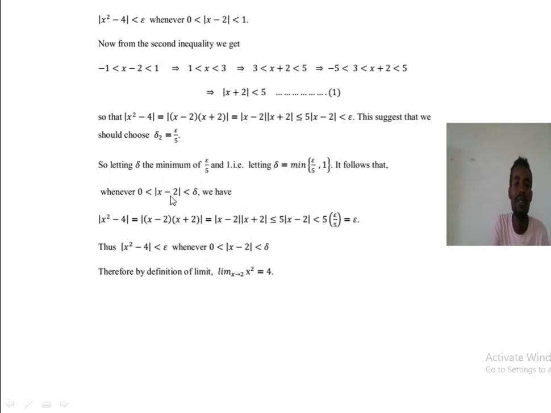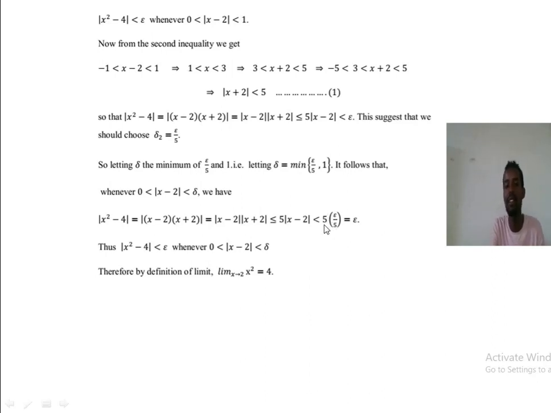It follows that whenever 0 is less than absolute value of x minus 2 is less than delta, we have absolute value of x squared minus 4, which is the same as absolute value of x minus 2 times x plus 2, which is the same as absolute value of x minus 2 times absolute value of x plus 2, less than or equal to 5 times absolute value of x minus 2, which is less than 5 times epsilon over 5.